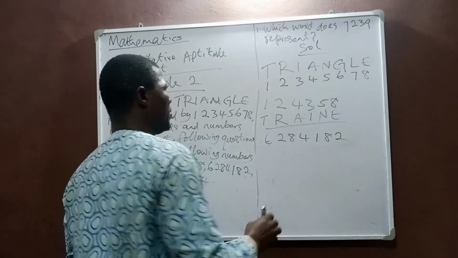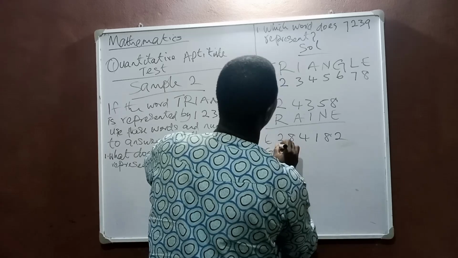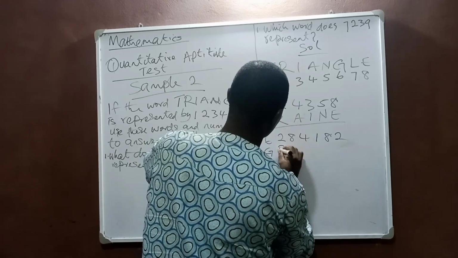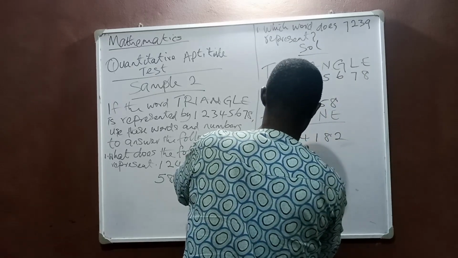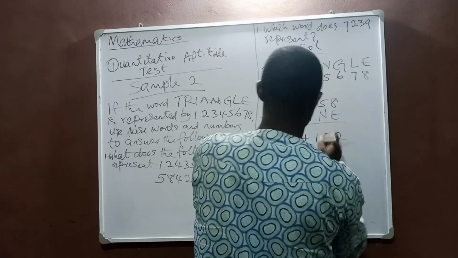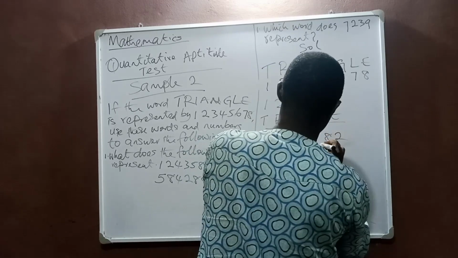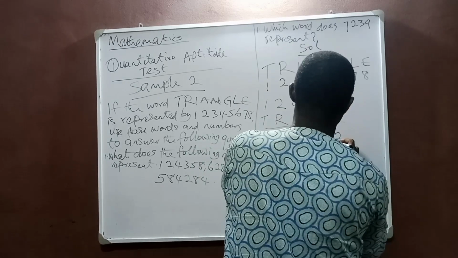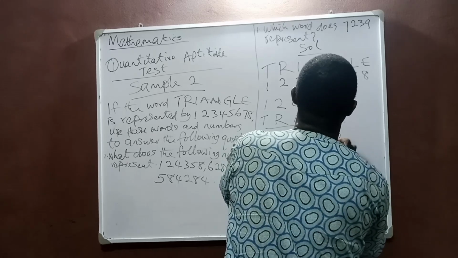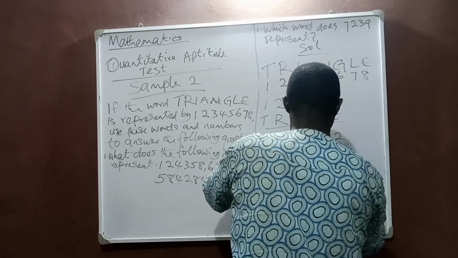When you come back to the same sample, it tells what each number stands for. 6 stands for G. 2 stands for R. 8 stands for E. 4 stands for A. 3 stands for I.